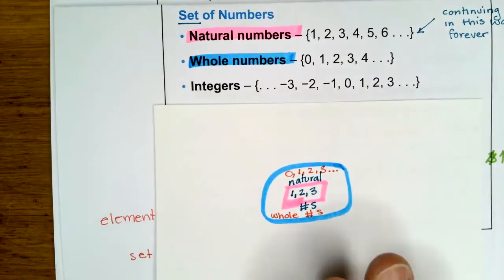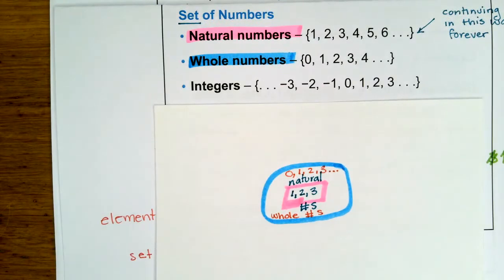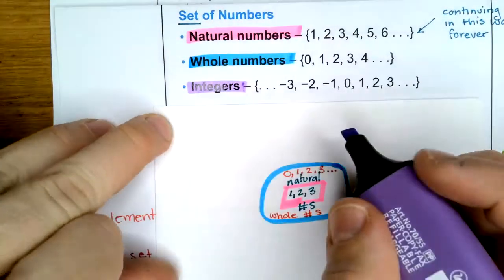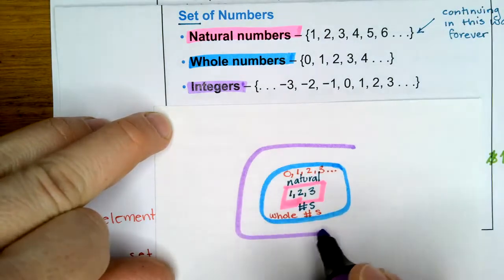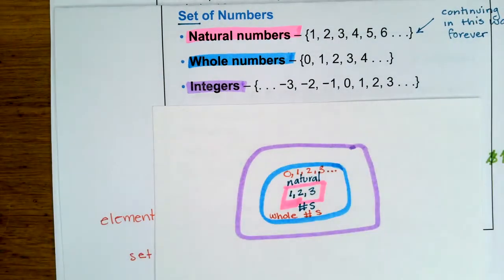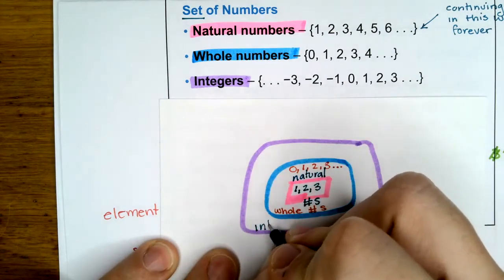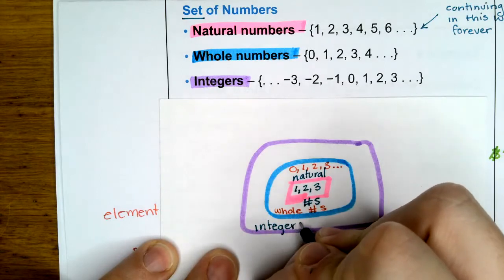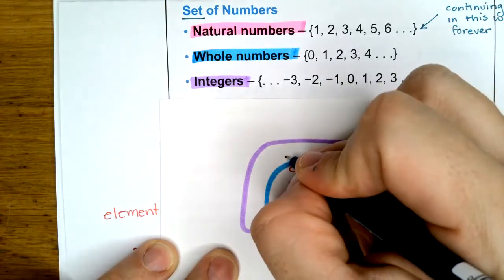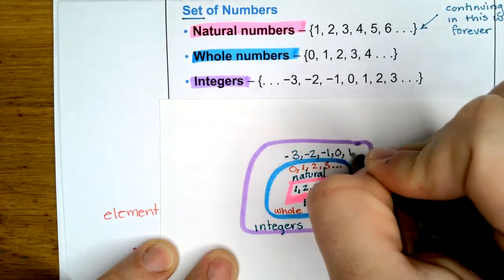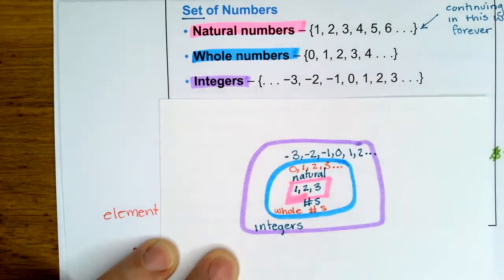And then we have integers, which is all the whole numbers plus the negatives. These are integers. And so that will be -3, -2, -1, 0, 1, 2, continuing in this fashion forever.